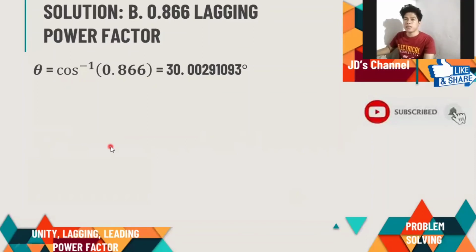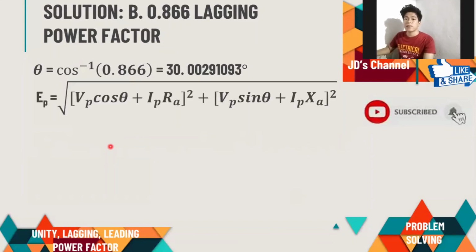And then, i-substitute natin siya dun sa ating formula. Ano ba ulit yung ating formula for this lagging power factor? Ayan, yan na po class yung ating E phase formula. Substitute lang natin yung ating mga given, and then yung ating nakuhang theta.